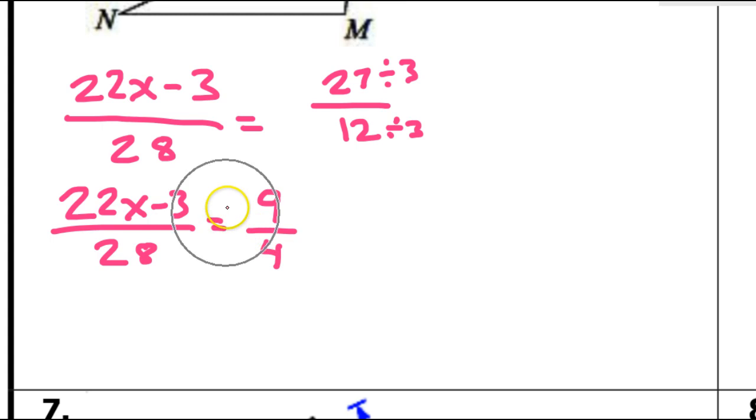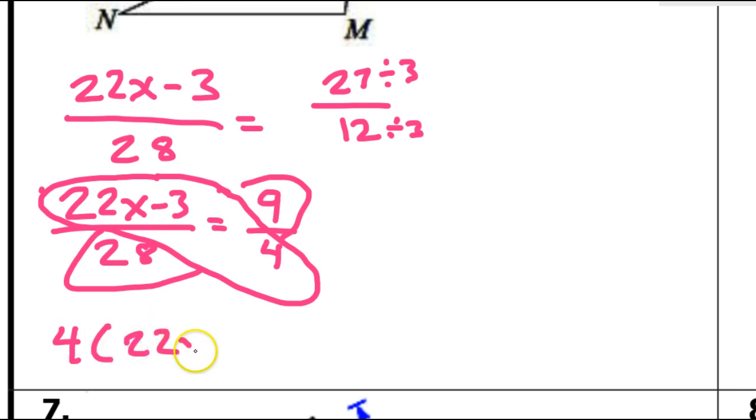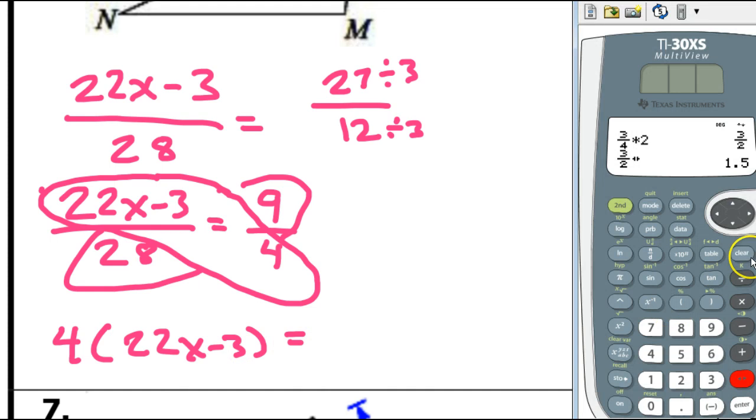Now when I cross multiply, I'm going to do this diagonal, okay, is equal to this diagonal. So I've got 4 times 22x minus 3 equals whatever 28 times 9 is. I don't know. 28 times 9, 252.